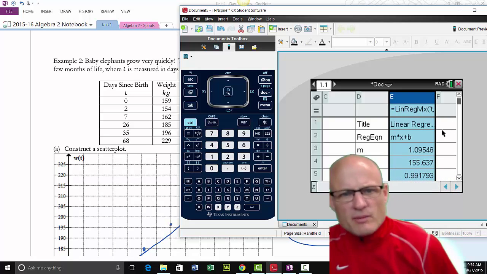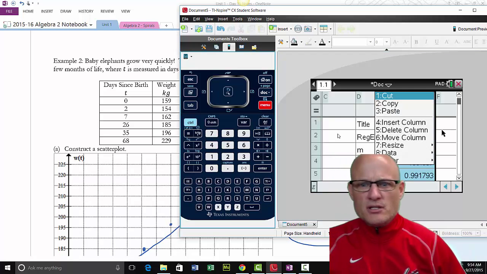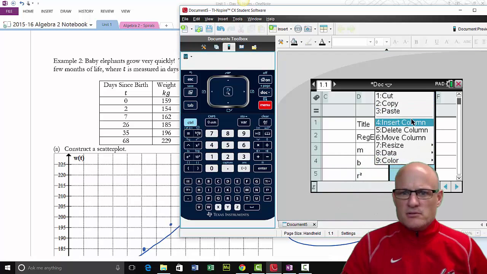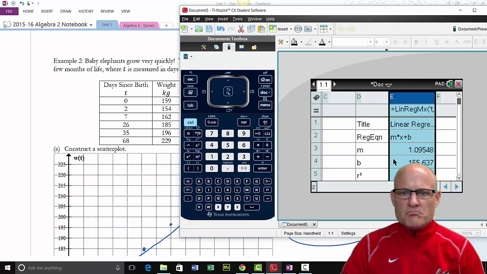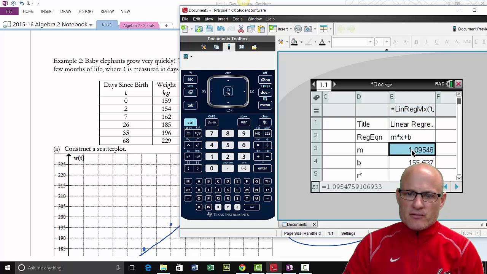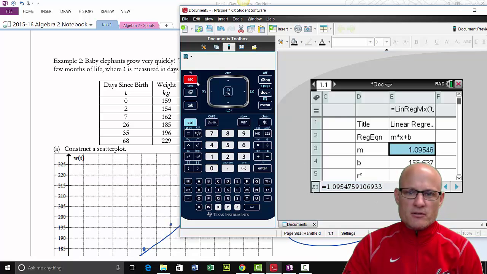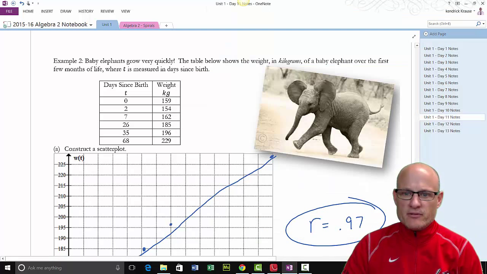I wish I knew why. Maybe it's control menu, Data. Anyway. Sometimes if you hover over them. Let's see. Escape.